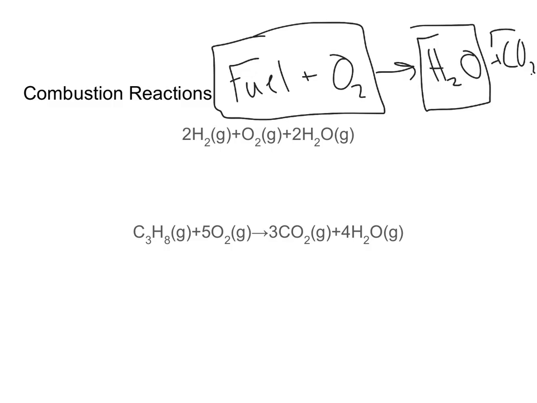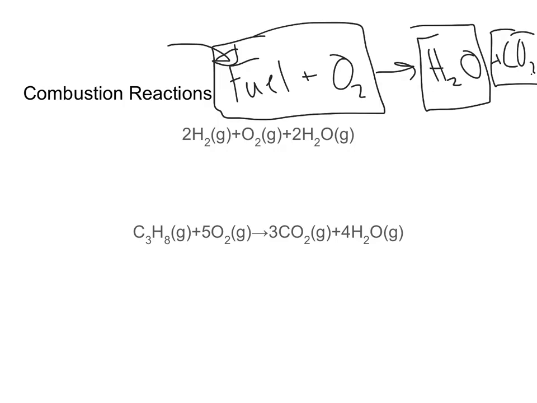And often you will see carbon dioxide being given off. The part that might look a little different every time is what this fuel is, because we can burn a lot of different things. We can burn things like propane, hexane, butane, ethane, ethanol. Our fuel could change, but we're always going to need oxygen. We're always going to get water and carbon dioxide out, mostly carbon dioxide.